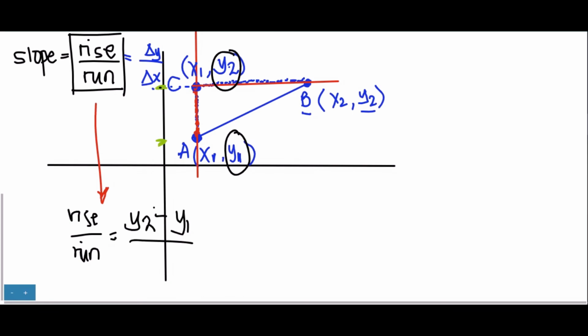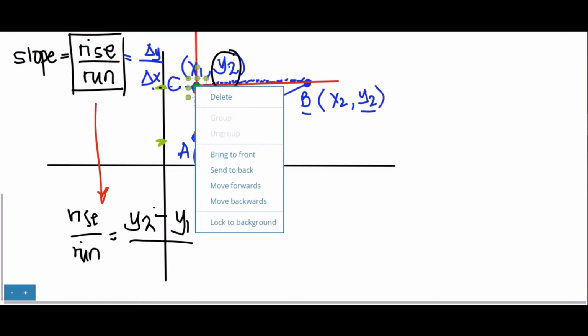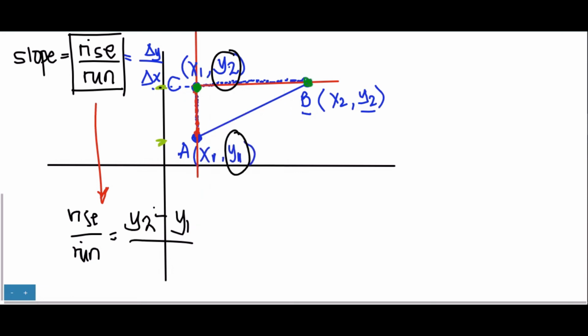On the other hand, for the run, we are to look for the distance from point C going to point B. And this change happened after the x values change. The same thought will be applied here.